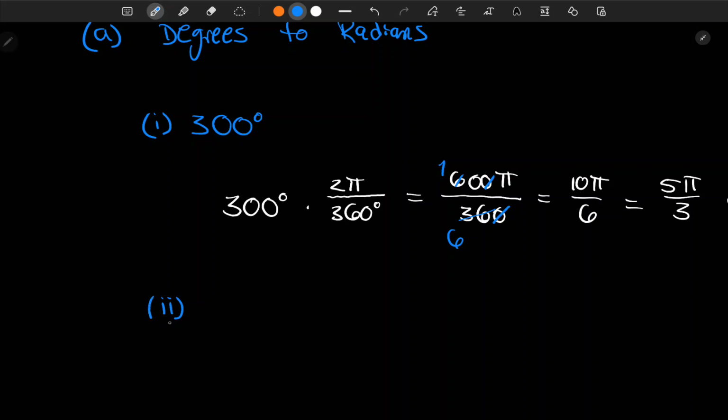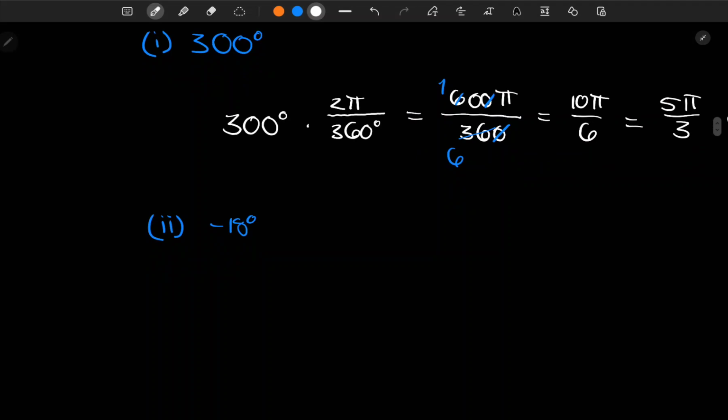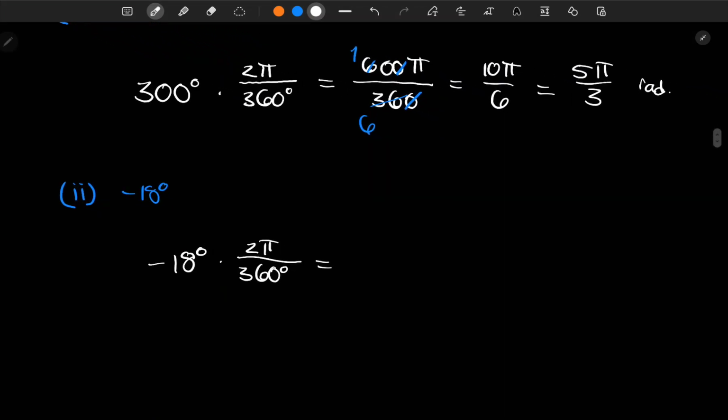Secondly, consider negative 18 degrees. Well, one way to work this out is exactly as we did before. So we take negative 18 degrees, we multiply by 2 pi radians over 360 degrees, and then we just reduce.